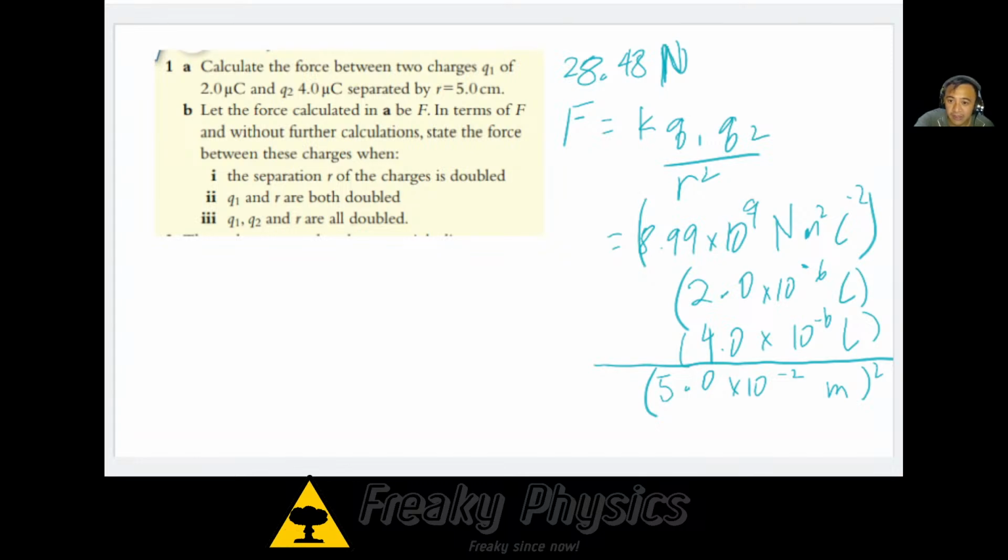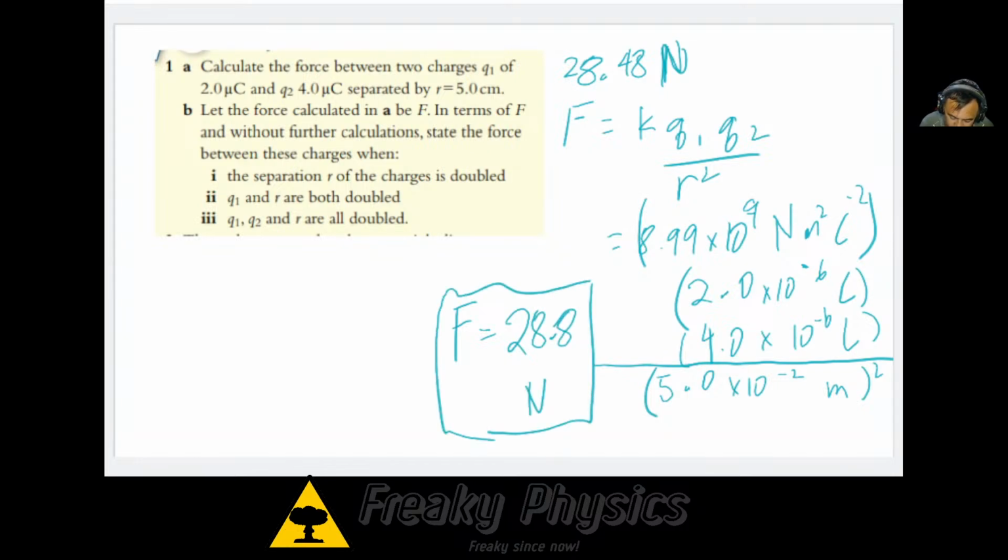Then divide that by 25 exponent negative 4. Final answer is 28 point. We have a small difference, but in this case, I got F is 28.8 newtons. So this is my answer.